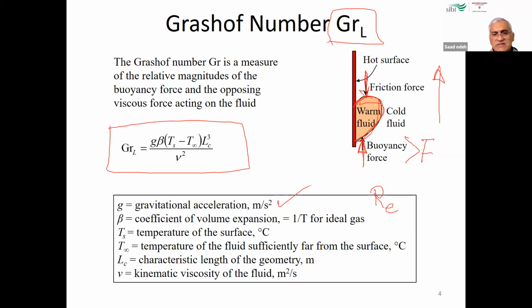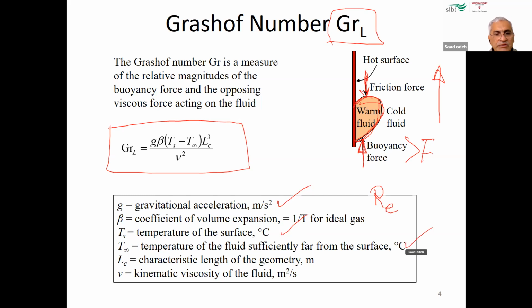This is actually the temperature factor, because, as you know, with a difference in temperature, we have a difference in density. And because the density difference will create the movement of the air, we have to include it here. So Ts is the temperature of the surface, and T infinity is the temperature of the fluid far from the surface.